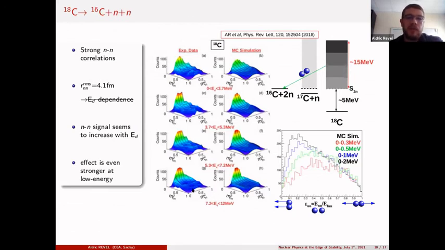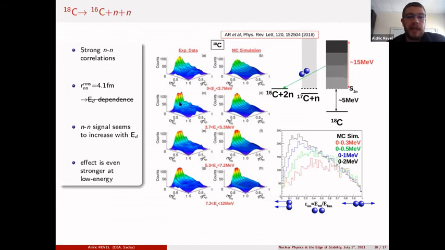On the left is experimental data, and on the right is a result from simulation using the simple model from Lednicky that Belen mentioned. We could extract from this the RMS relative distance between the 2 neutrons in the nuclei before decay, and we found something at around 4.1 fm. We also saw that this value was similar for every section, so we didn't see any strong dependence on the different decay energies considered.